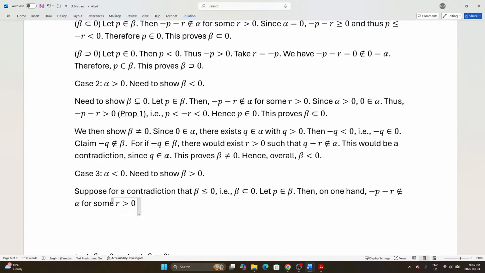And on the other hand, because beta is a subset of zero, p is in zero, and thus p is less than zero. Hopefully we can deduce a contradiction from those two facts.